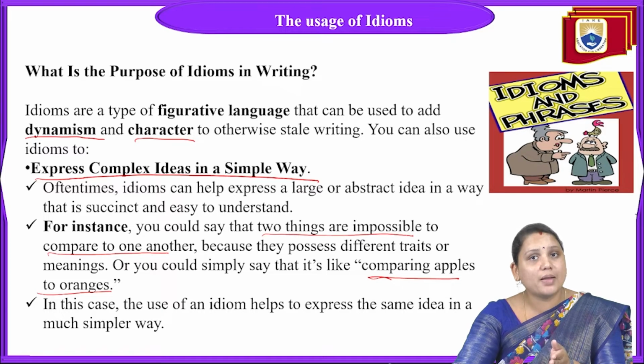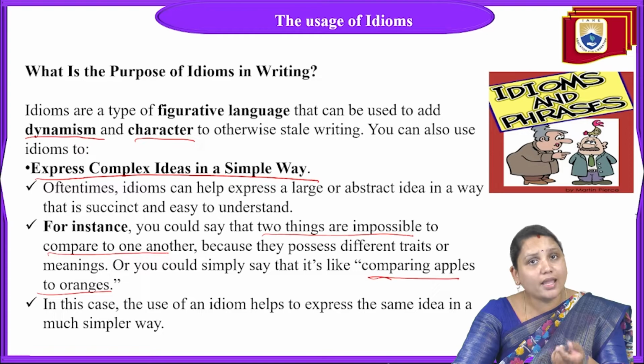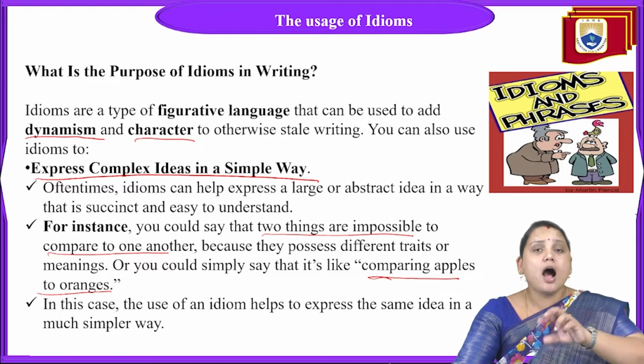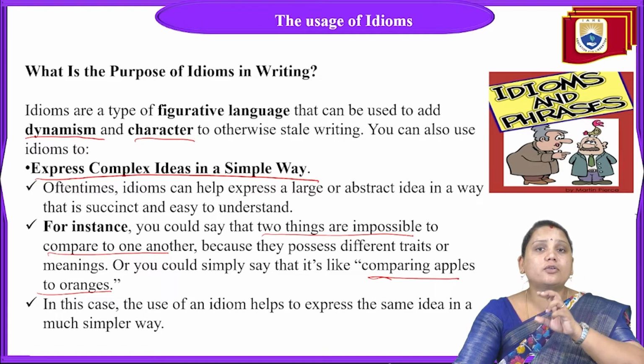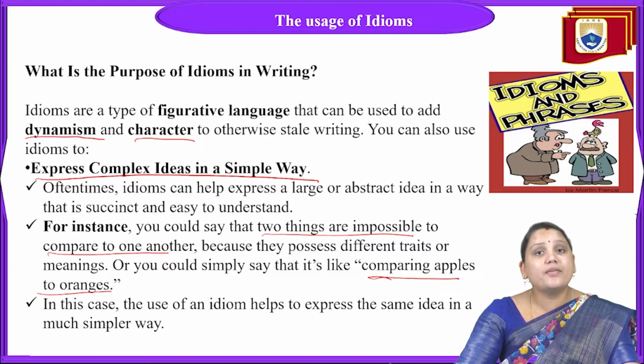Every individual has their own priority and their own characteristics. How will you compare one individual to another? At that instant, I can use this idiom: comparing apples to oranges.